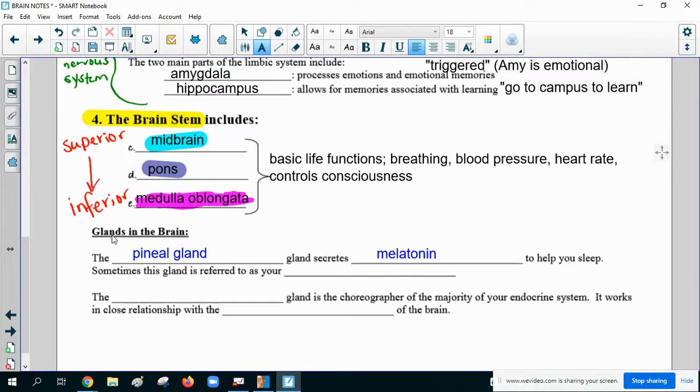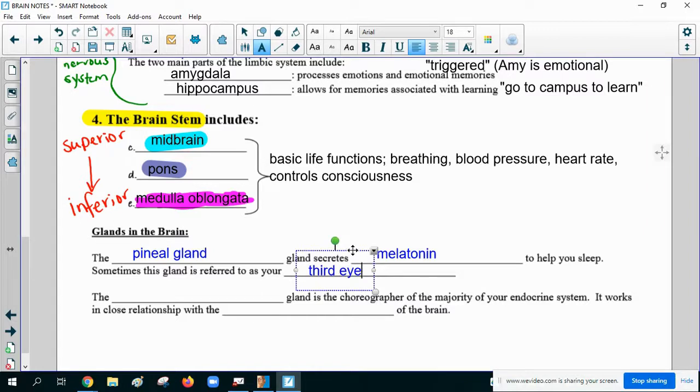Your brain or your eyes experience light that stimulates part of the brain, and the message travels through this long pathway to get to the pineal gland. So because its melatonin production is affected by light, sometimes this gland is referred to as your third eye.